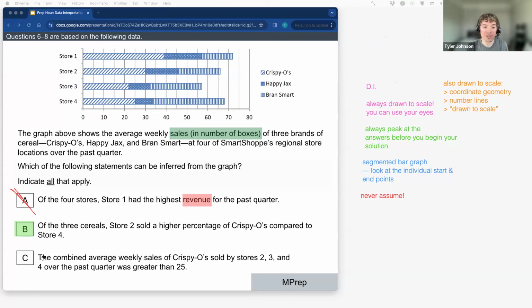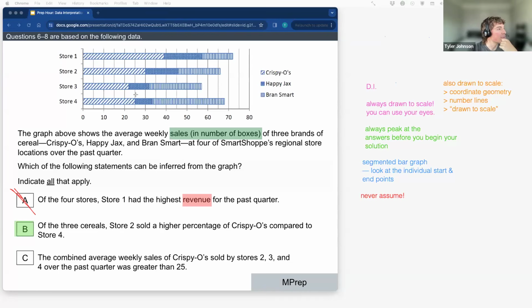I can do something similar with C. There's a way to get this without having to do a calculation, but I'm going to need to visualize very clearly. So they're saying stores 2, 3, and 4. Do they all work out to an average greater than 25 for Crispios? So that initial diagonally slashed bar.